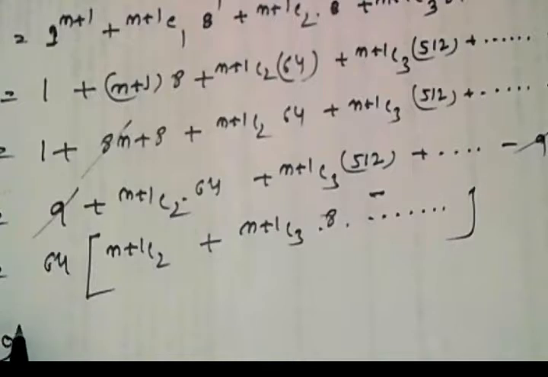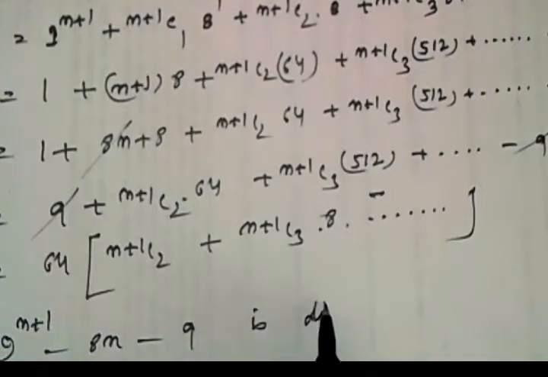Therefore 9 to the power n plus 1 minus 8n minus 9 is divisible by 64.